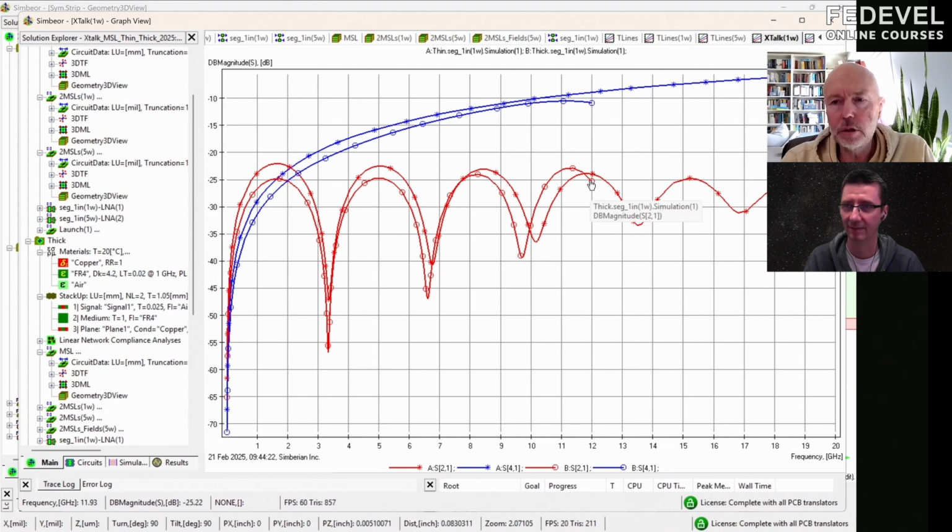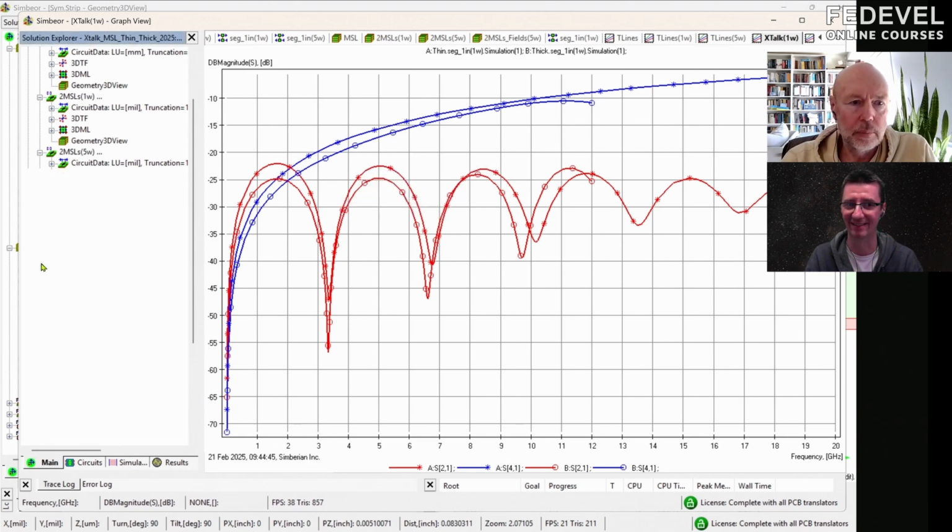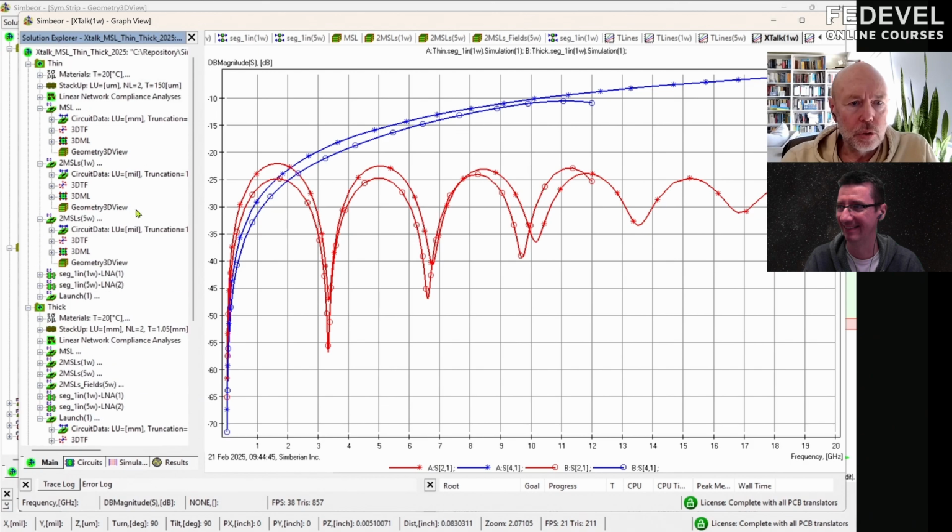In this case you need multimodal computations to predict it, but this is practically a useless structure above those frequencies. So it's a source of EMI-EMC problems or a source of unpredictable, difficult to predict crosstalk. But essentially, we ended up with pretty much the same numbers in crosstalk, but the tracks are much larger, much closer.